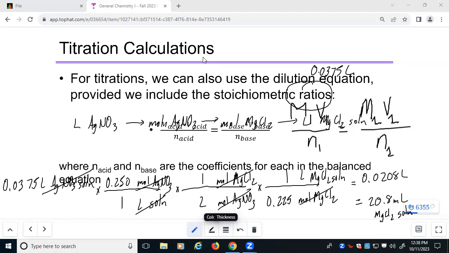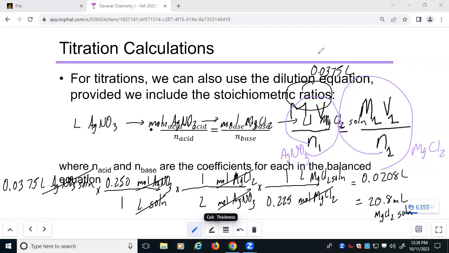If we do that same calculation using our values here, using our stoichiometry, and let's just, for the sake of argument, make all of the ones the silver nitrate and all of the twos the magnesium chloride, look how cleanly this comes out.